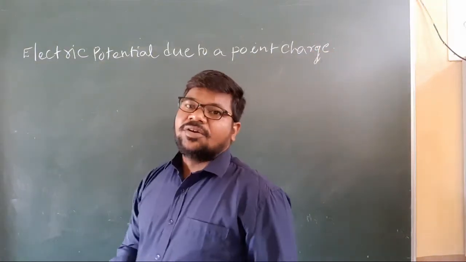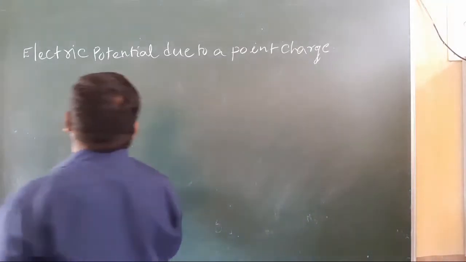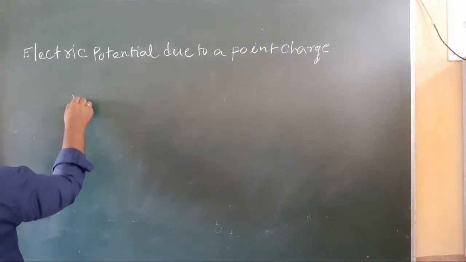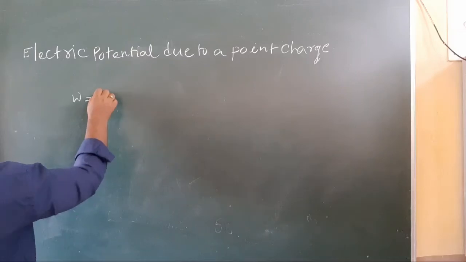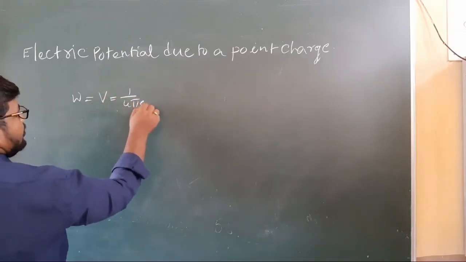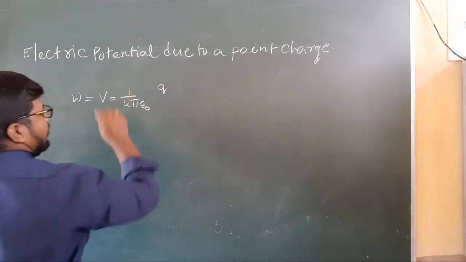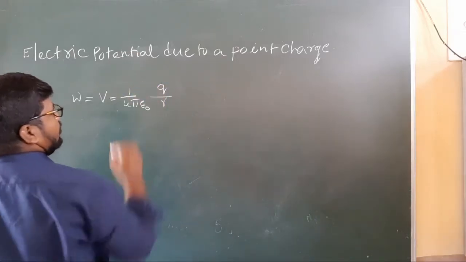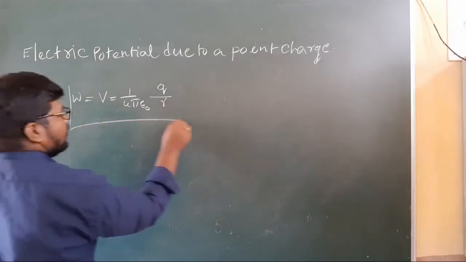From the derivation, we have work done, and that work done is equal to the potential, which is 1 by 4 pi epsilon naught q by r. Is it clear, my children?